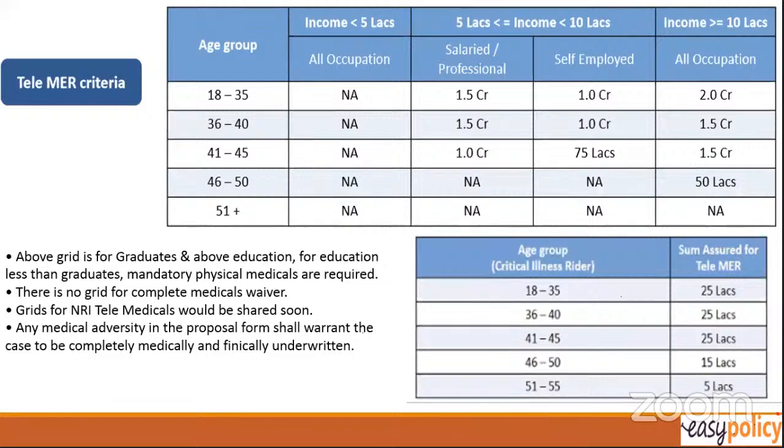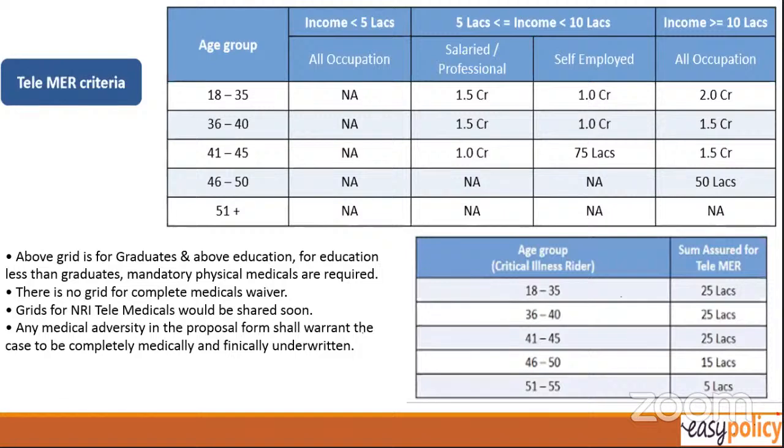So the telemedical criteria for Max Life is that if the income is less than 5 lakhs, no telemedical, physical medical is mandatory. For 5 to 10 lakhs, based on the age, it can be 1.5 CR, 1 CR or 75 lakhs.